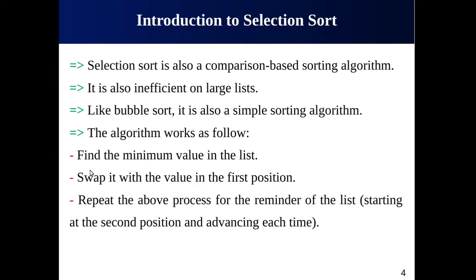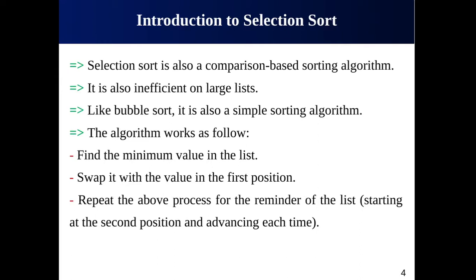Once you find the minimum value in the list, the next step is to exchange this value, or swap this value, or interchange this value with the element at the first location. And then finally you have to repeat this process, finding the minimum value and swapping it with the element at the first location. You have to repeat the process for the remainder of the list.